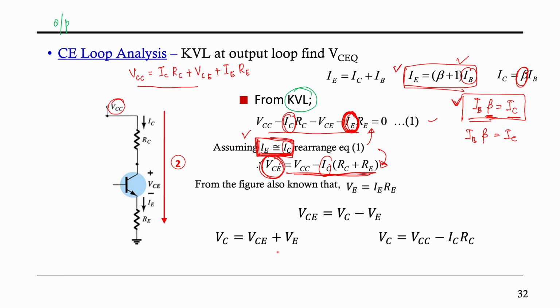There are two ways to get VC. One is from this equation, and the other is to calculate the voltage drop between VCC and VC, which is VCC minus IC RC. Either way you will get a similar answer.